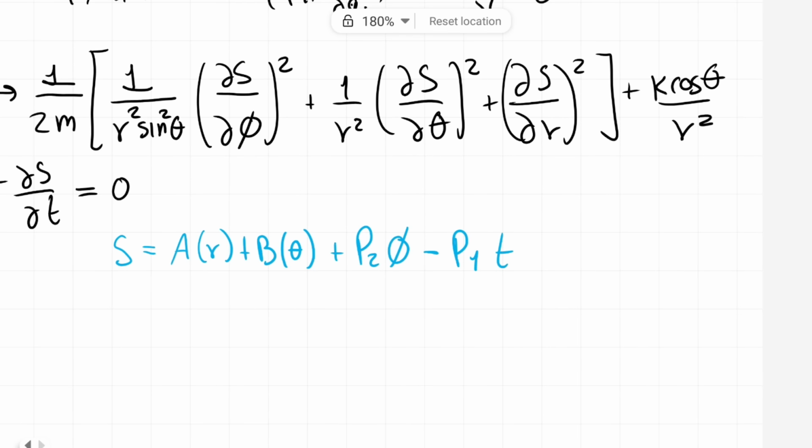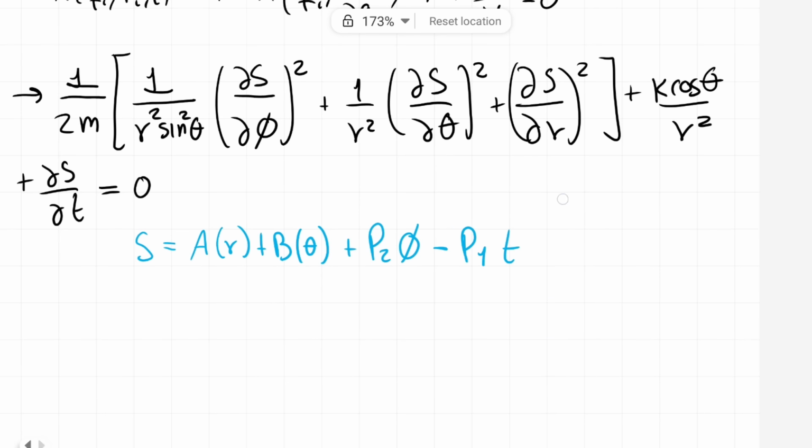Recall, looking that phi and t do not appear in the Hamiltonian, we can use the method of separation of variables. We can express the functions that depend on phi and t just as linear functions. We have been using this strategy in some other examples in the study of the Hamilton-Jacobi equation, and in particular when we use this method of separation of variables. So we make this proposal for the solution.